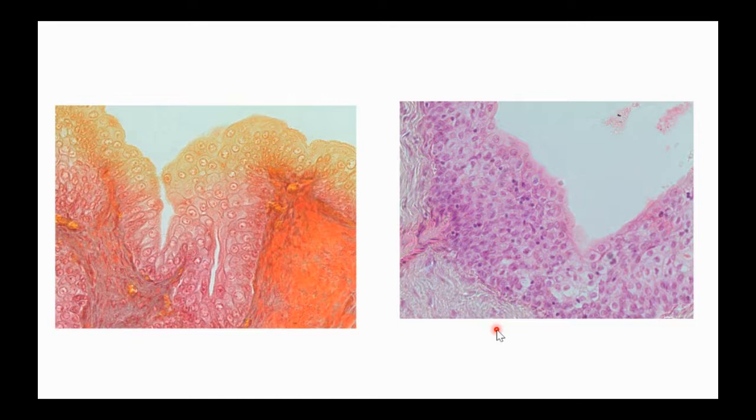Transitional. Remind me in the chat, what did we say was special about transitional epithelium, about those cells? Yeah, absolutely. So I've got things in the chat like they're expanding or they're stretching, they're changing sizes. Totally.